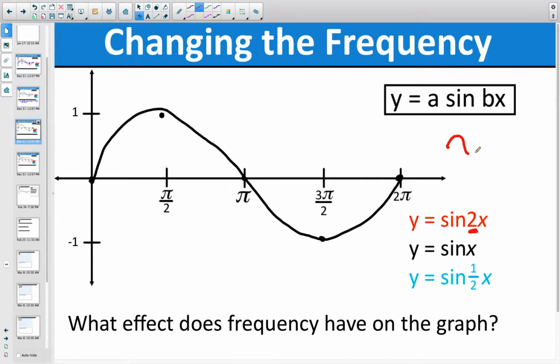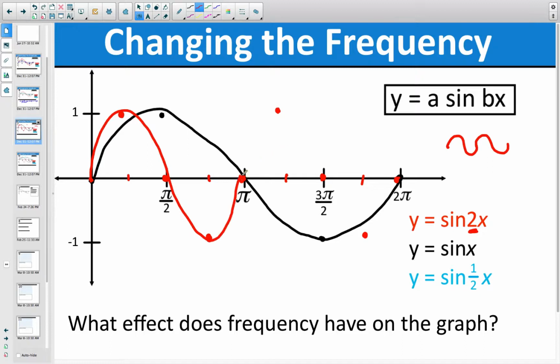So we have to see there's 1, and there's going to be 1 more. So we have to fit 2 of them in this 2 pi interval. So it's almost like we're going to have to graph double the points. And then we can go ahead and connect.